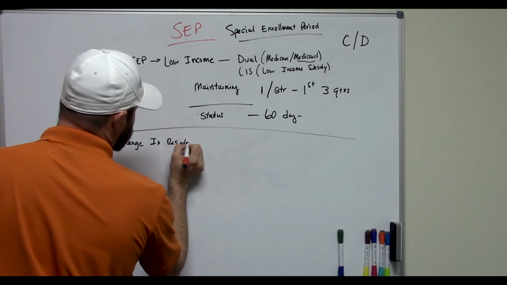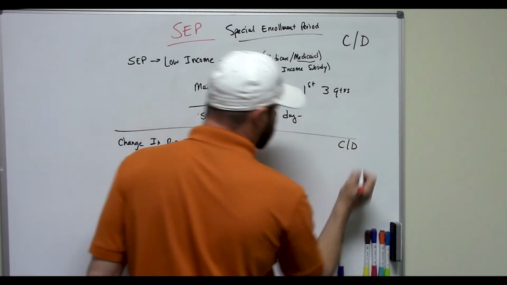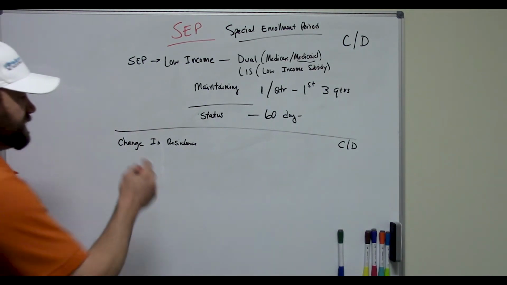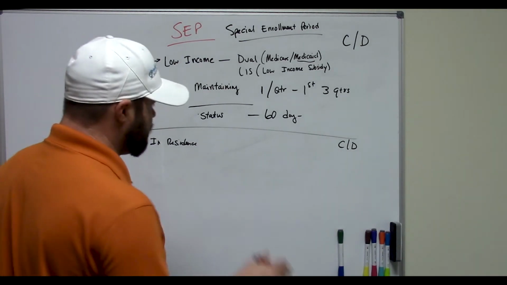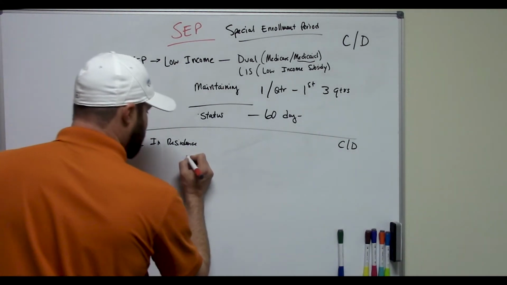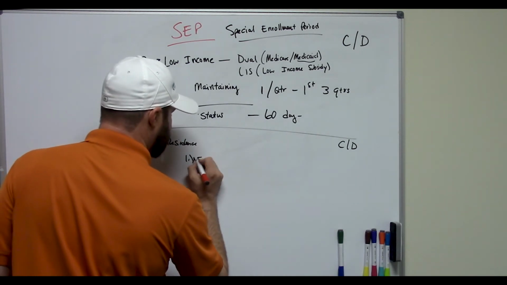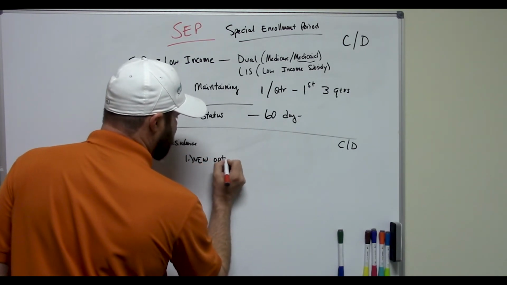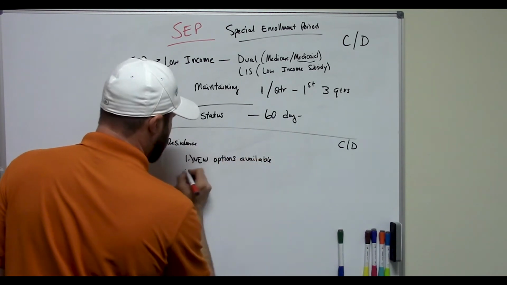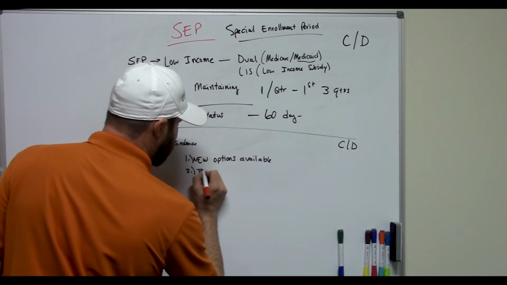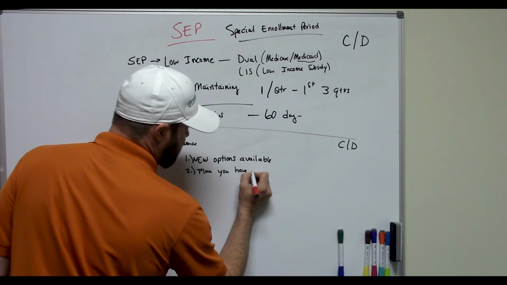What this means is, and this is again specifically applying to C or D, if you are to change your permanent residence and in the new area that you move to, there are either one of two things. There's either new options available to you, or the plan you have is no longer available.